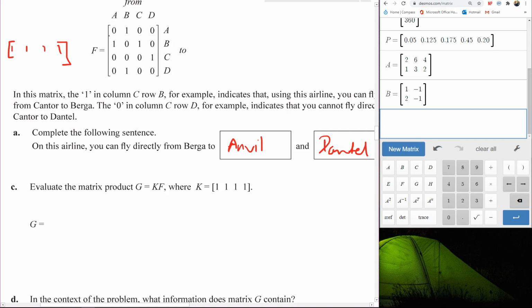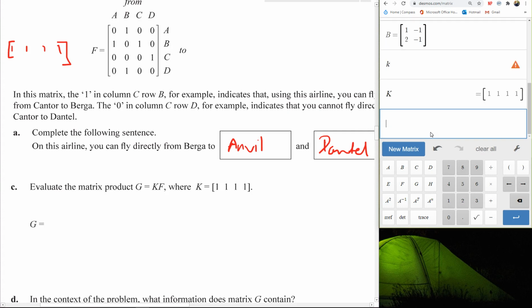And what that does is it gives you the total number of direct pathways from and to. So total number of direct pathways from A to everyone else, B to everyone else, C to everyone else, and D to everyone else. So if you do that here, matrix K, I've done that for you already.